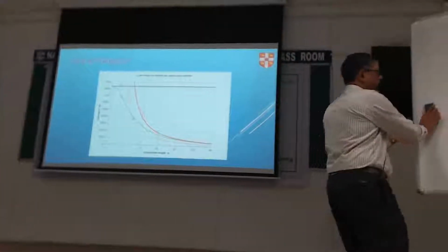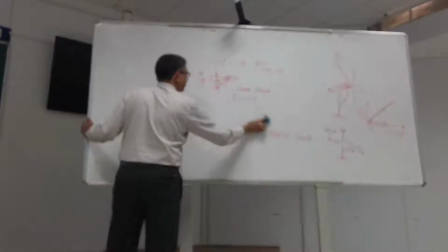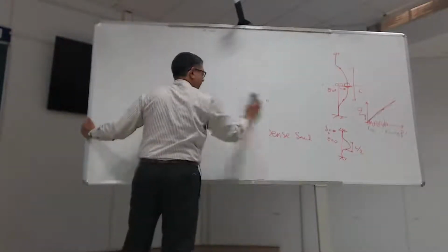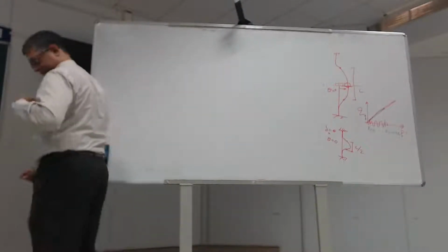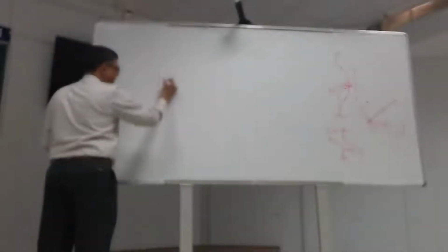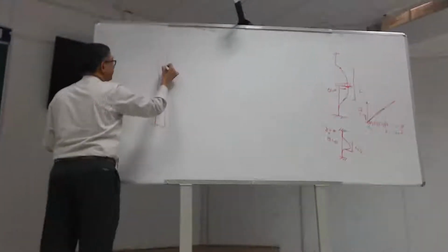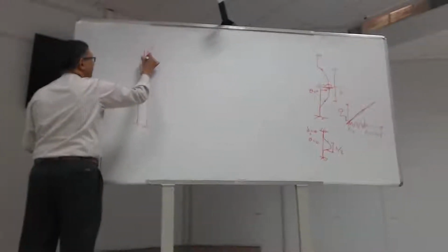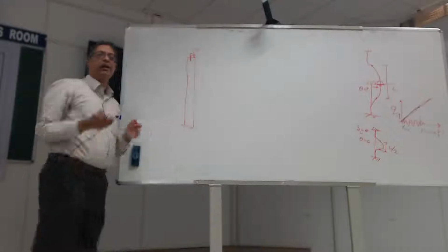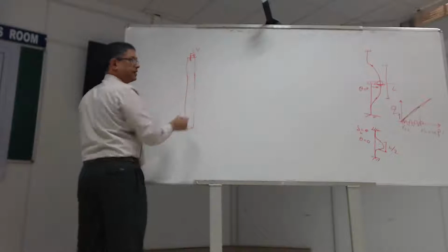If I take a column, let's just look at columns, and I'm applying, say, an eccentric load. That's the central line, and the vertical load is some distance away. Also, I may have some imperfections in the column itself.